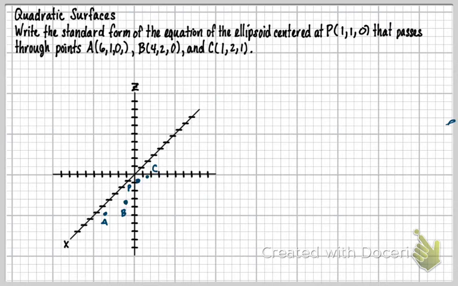So the idea here is, when we're dealing with an ellipsoid, do you guys remember the shape? The shape looks kind of like an egg. It's a three-dimensional ellipse. You can think of it as that. That's why I call it an ellipsoid.